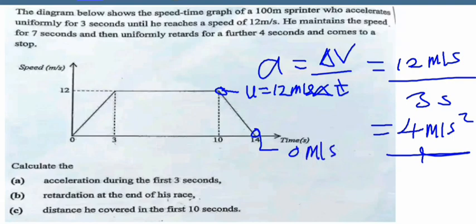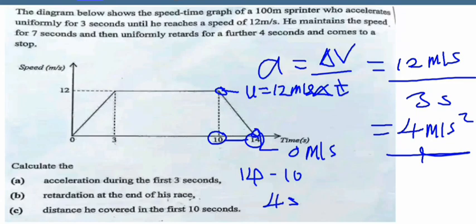So in the time axis, speed is equal to 0. The time is starting from 10 and ending at 14. So we can easily find the duration, 14 minus 10, and the answer is 4 seconds.